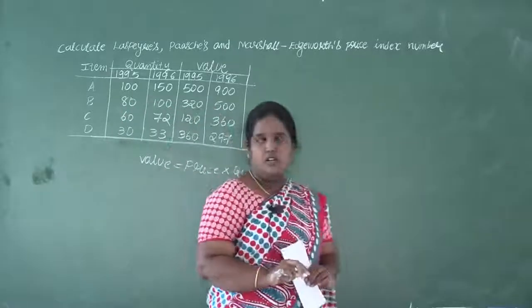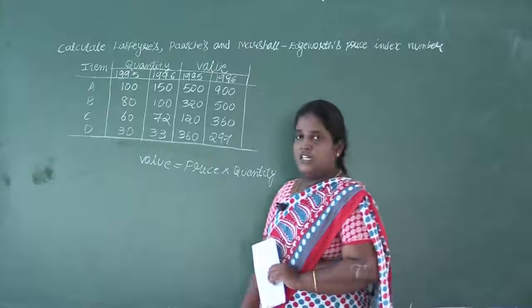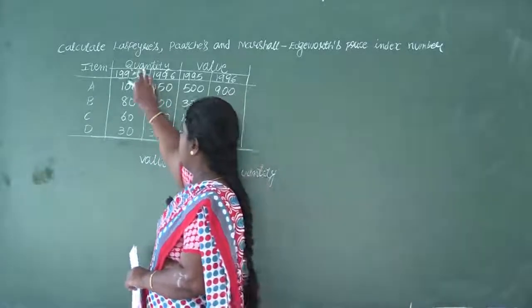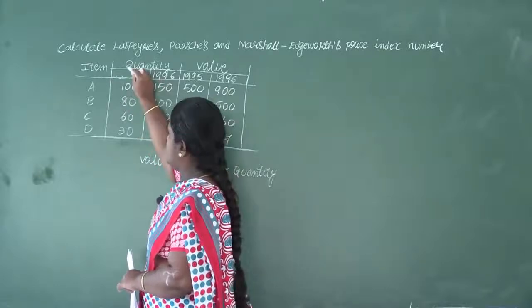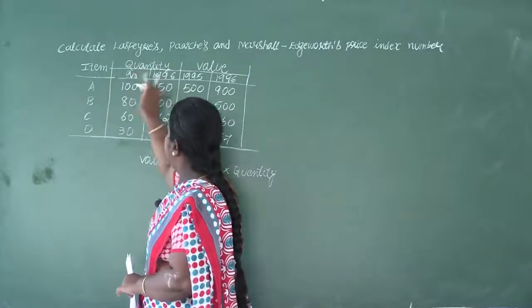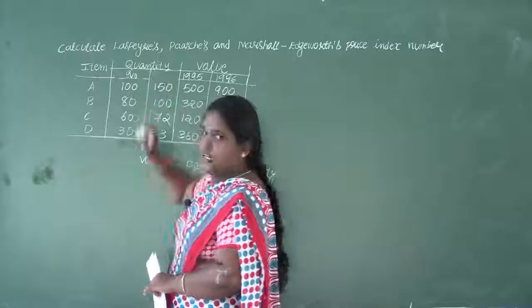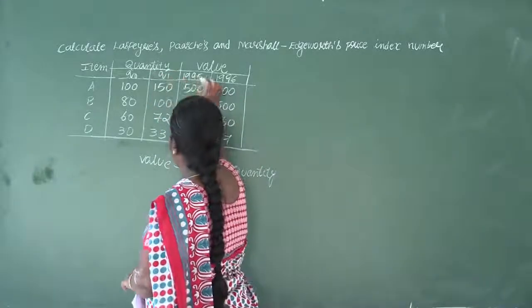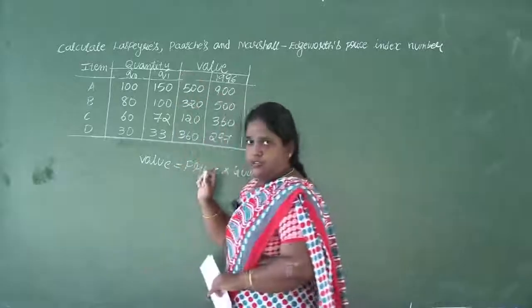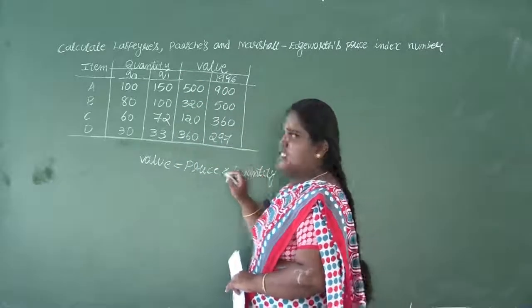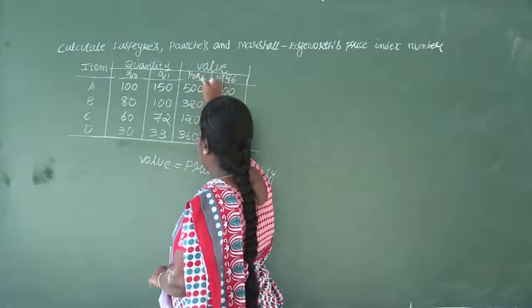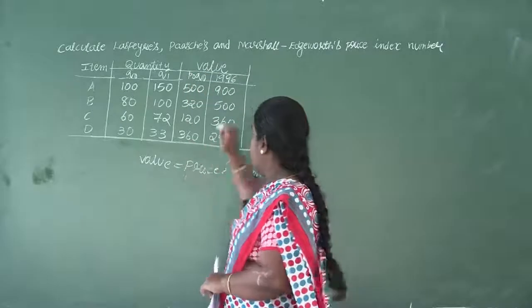So the quantities of 1995 and 1996 are given. 1995 is the base year, so base year quantity is denoted by Q0. 1996 is the current year, so current year quantity is denoted by Q1. Base year value is P0 Q0 because value is price into quantity.